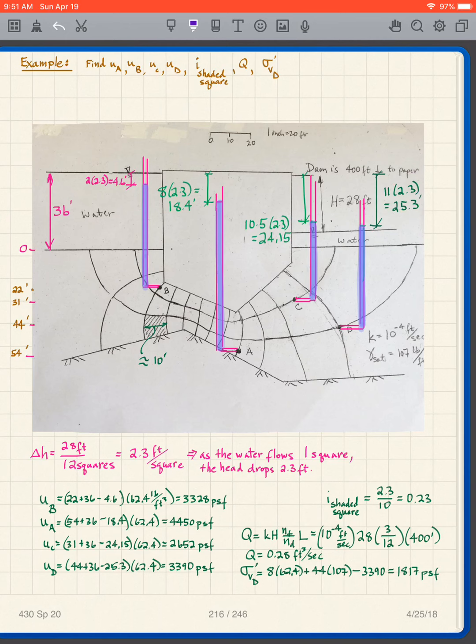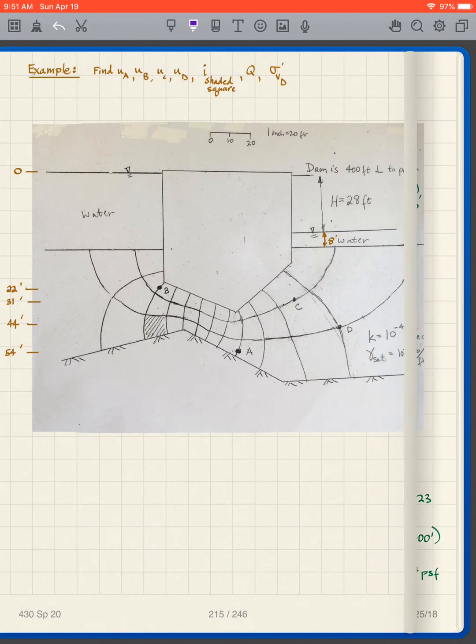I've asked for the hydraulic gradient of the shaded square. Here's the shaded square. I've given a scale here, so this is another way to give this problem. The scale is 1 inch approximately equals 20 feet.